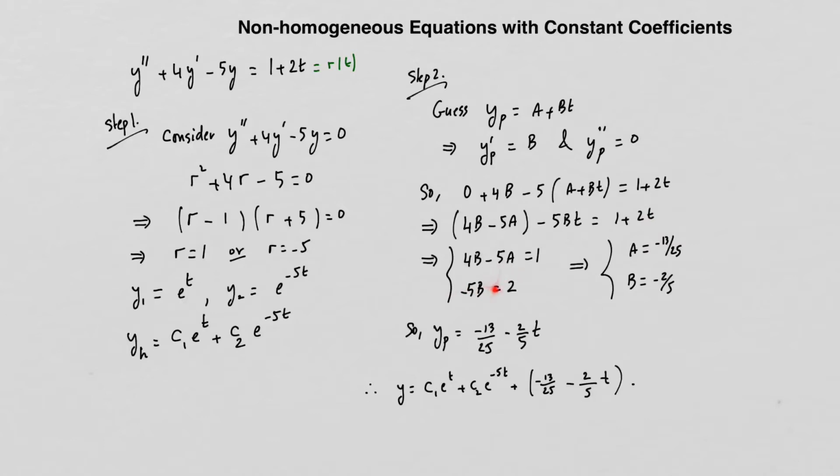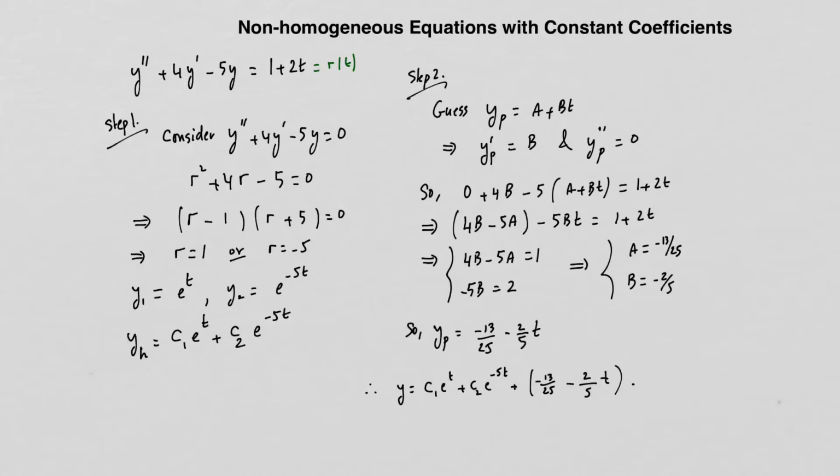So you get a system of equations. Easy to solve for b. It's -2/5. I plug it in here, and I got a equals -13/25. And therefore, my particular solution has to be a plus bt. And the last step is just to combine the pieces together. And let me write it down actually.